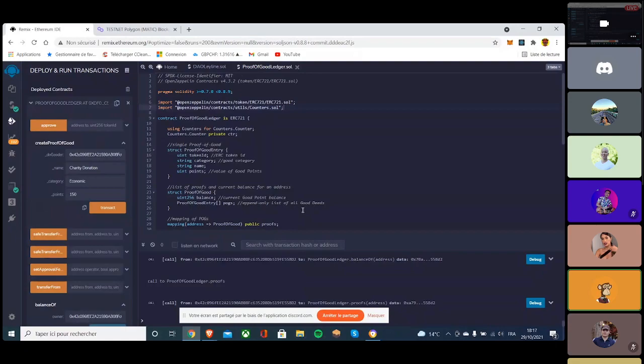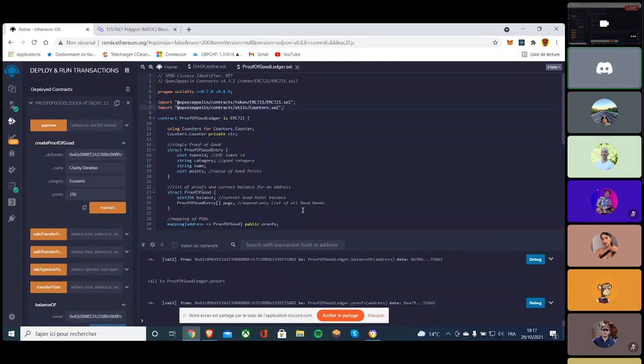Say on Leyline.gg, if you went to your profile, we would be querying against the proof of good ledger and then just aggregating the total score of good points on that profile. That's what I was imagining, and not necessarily aggregating it on the ledger itself. The ledger would just be the individual actions recorded bit by bit.